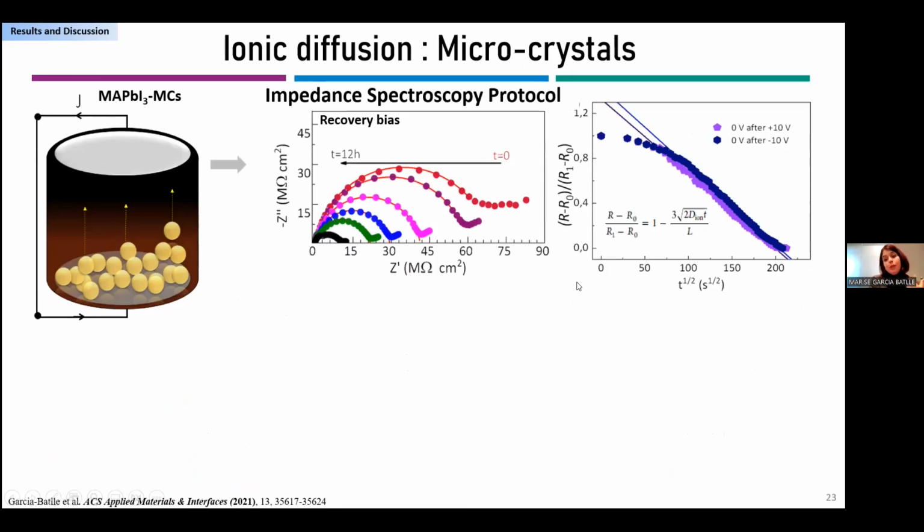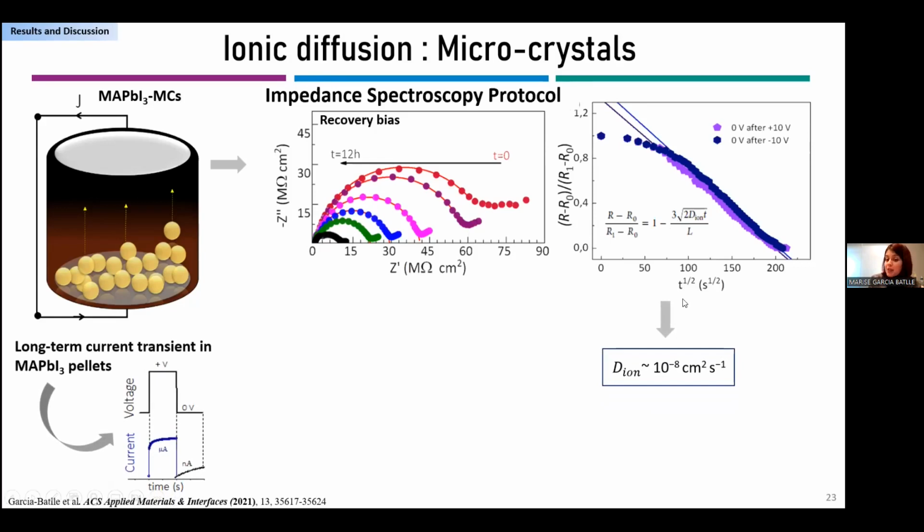And if we plot, again, this ratio of resistance as a function of the square root of time, we can extract again the diffusion coefficient. And as we can observe here, this value is in agreement with, or is the same as, those values found for our single crystalline sample.